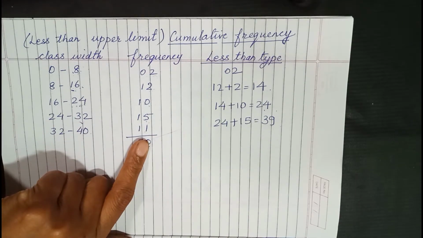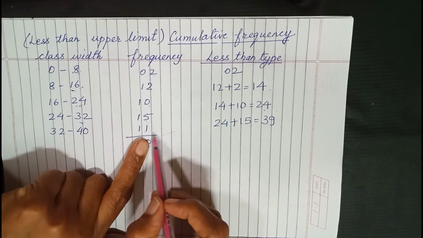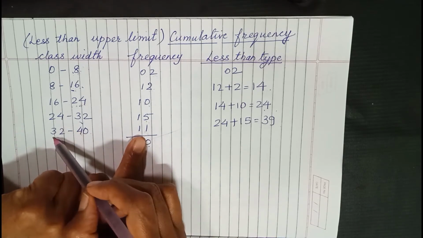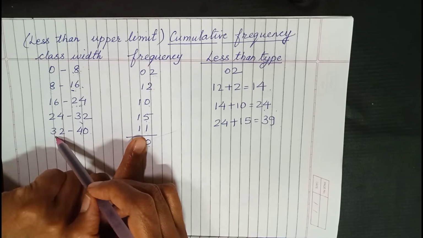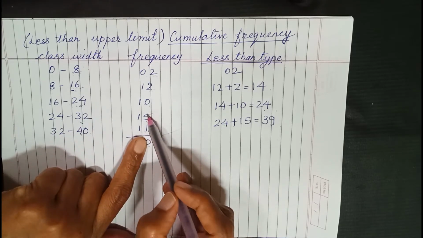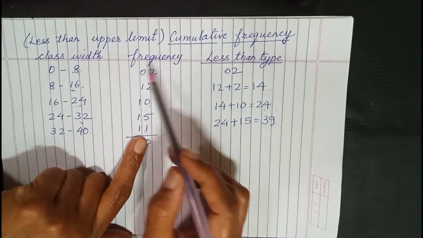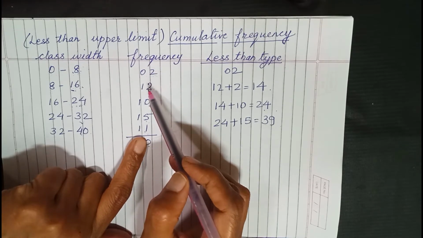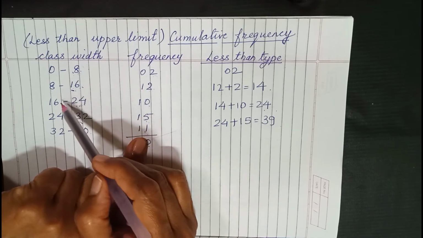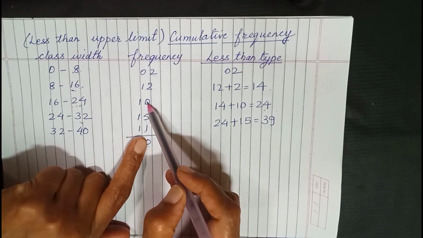Let's come to the last class, less than 40. We have 11 frequencies which are less than 40 but equal to or more than 32. So less than 40 will be not only this, but all of these also, because a score of 0 is less than 40, a score of 10 is also less than 40, and a score of 20 is also less than 40.